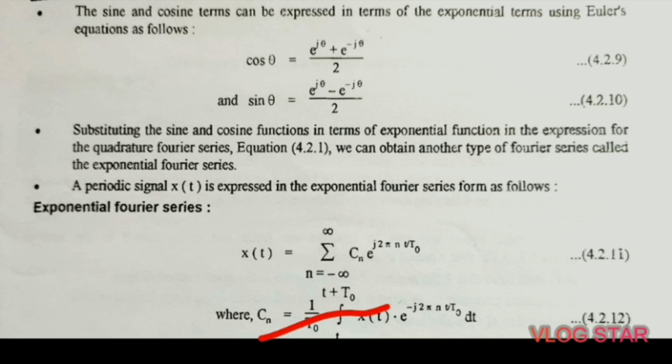And third, the exponential Fourier series allows us to plot the double-sided spectrum, because it is possible to plot the negative frequencies by putting the limits from minus infinity to plus infinity, which is applicable for the frequency component. So by using that minus infinity to plus infinity frequency term, we can plot the double-sided spectrum.